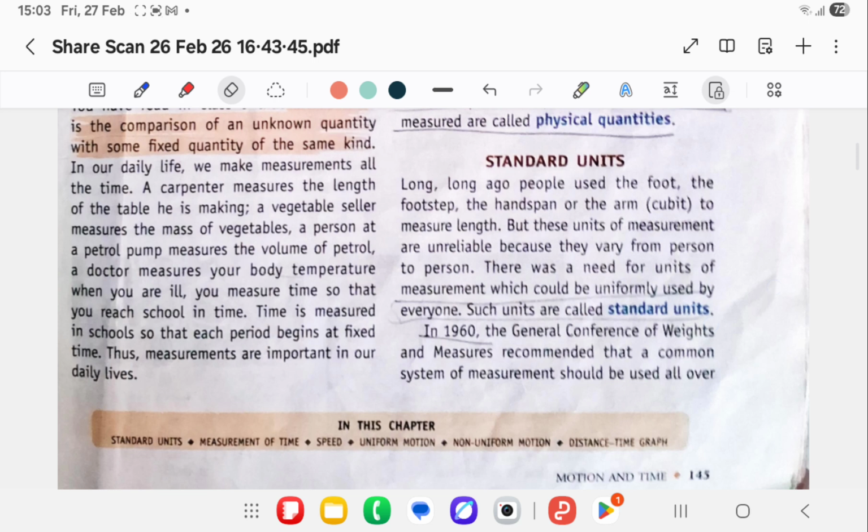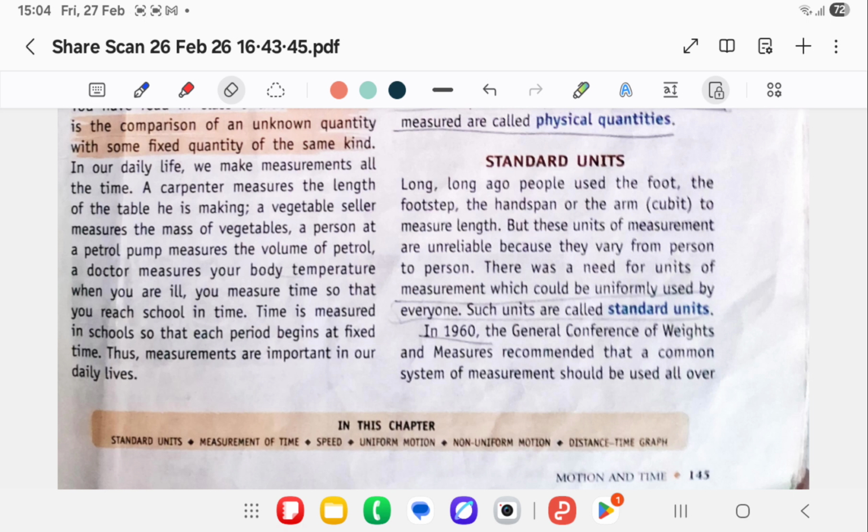Now if I ask you to use your palm or hand span to measure the length of the table, and I ask a 4-year-old child, the measurement will come like 8 hand spans, and for you it may be 4 only.